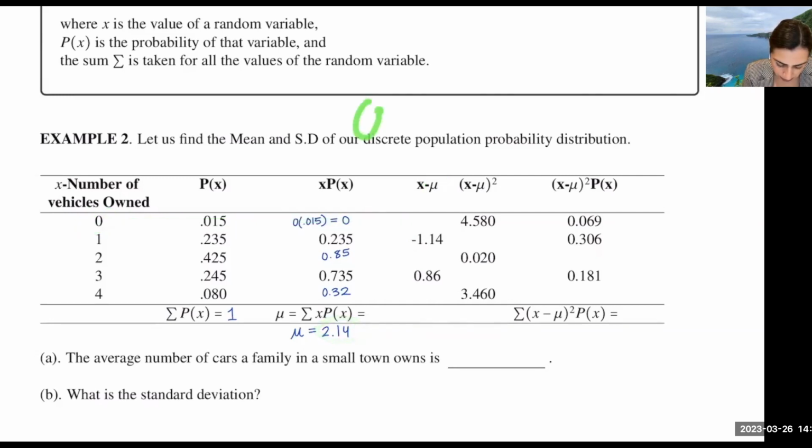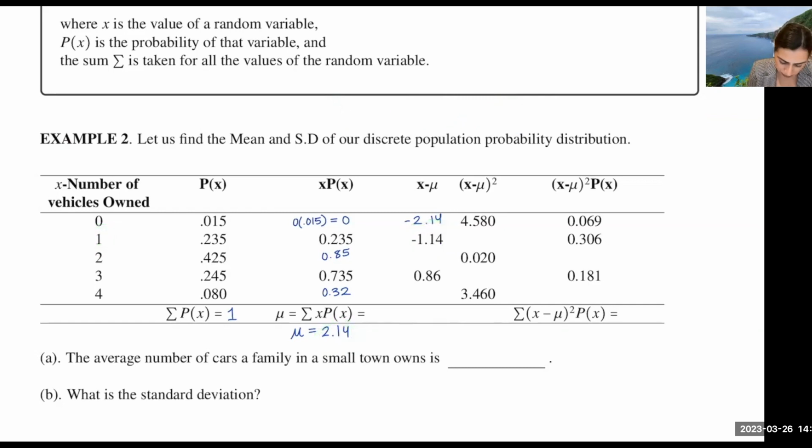So we're going to do 0 minus 2.14, and it's going to end up being negative 2.14. The way that we got this value here was, again, finding our x here. Our x is the number of vehicles. For this row is 1. And then we're going to do 1 minus our mu, which is our mean. And that's 2.14, which gives us negative 1.14.